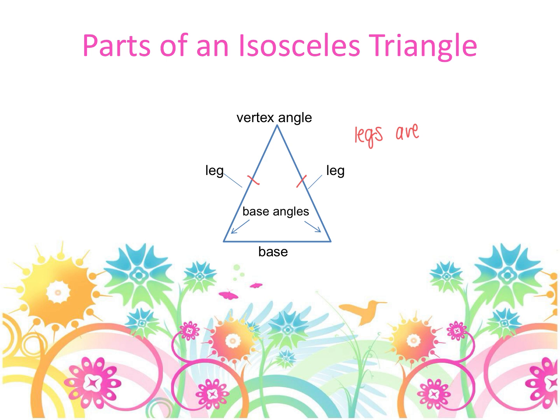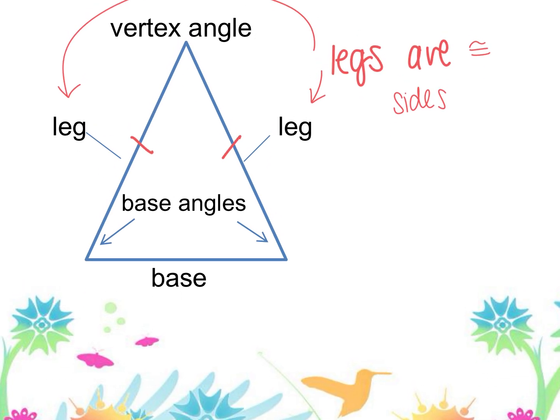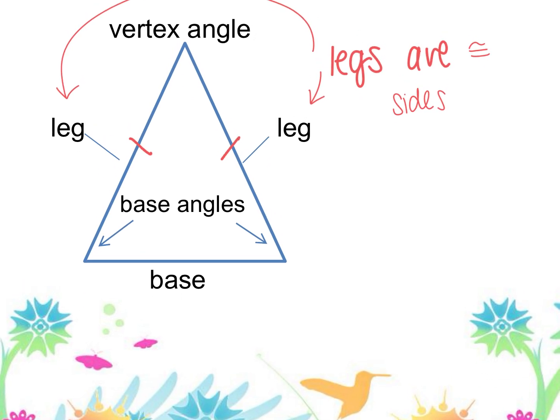I'm actually just going to write the symbol. Sides, okay, so that's this one right here and this one as well. You have one more side, and that is called your base. Your base is not a congruent side.